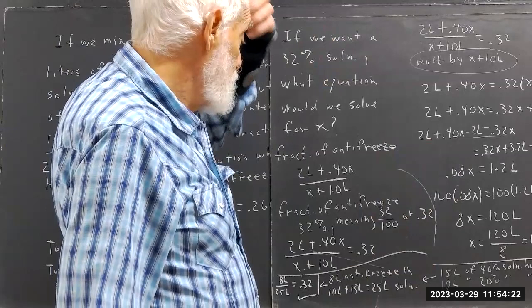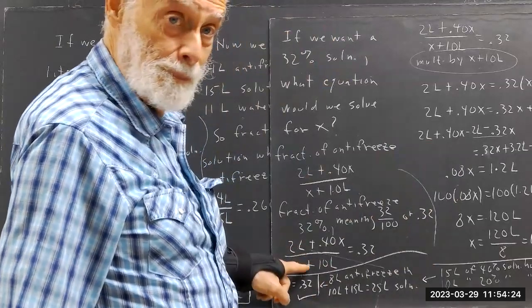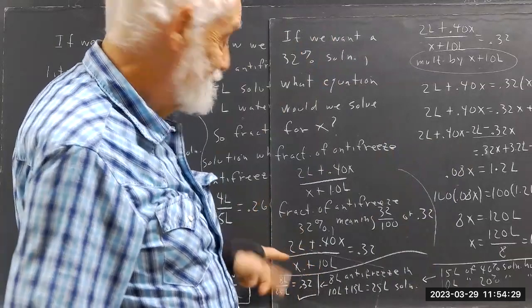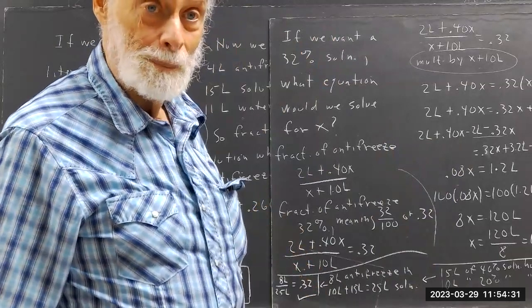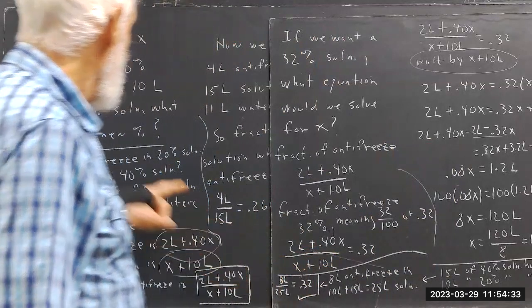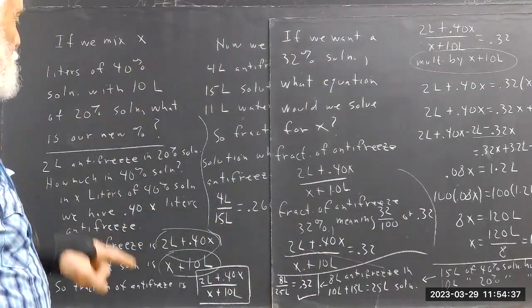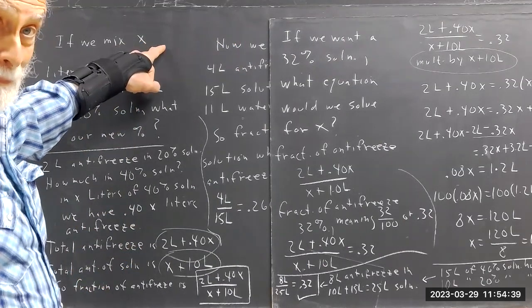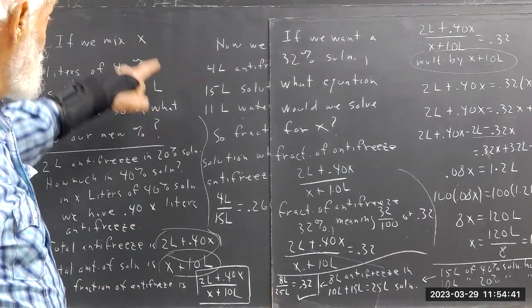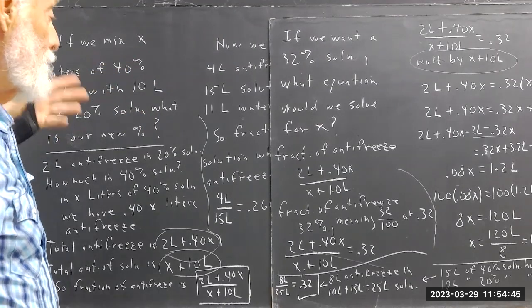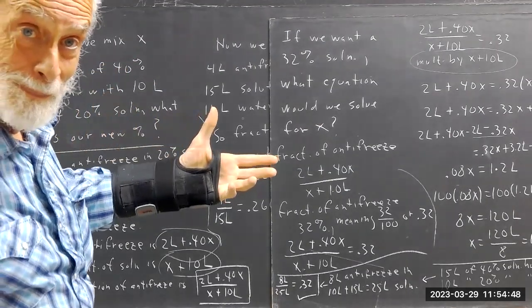Another comment, I'm keeping the liters on the numbers that have liters on them. Now, when we say we mix X liters, we don't write a liter on X, because X is the number of liters. We know that X is going to be the number of liters, or at least we hope it's going to be.